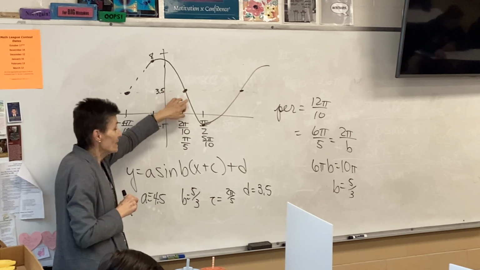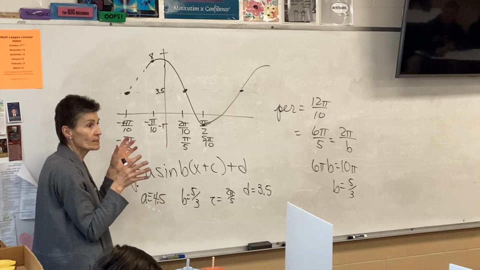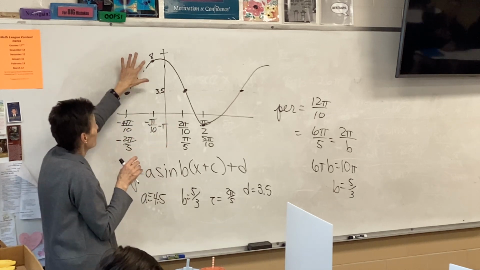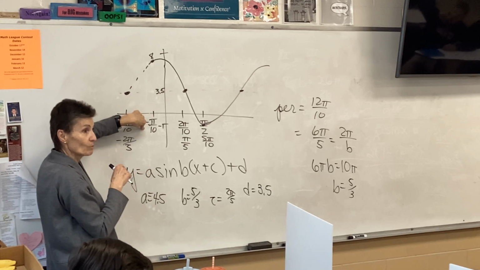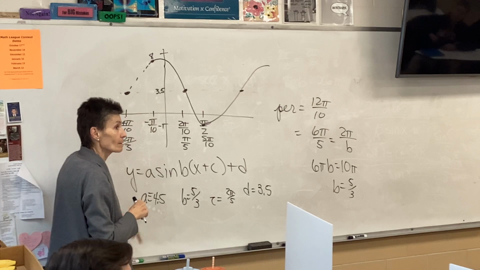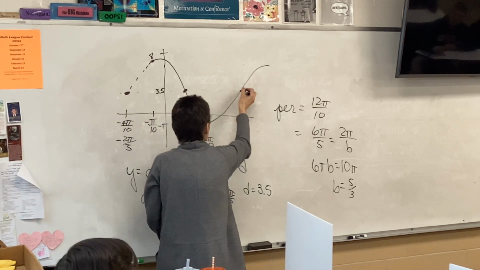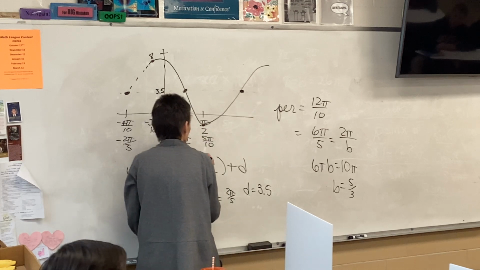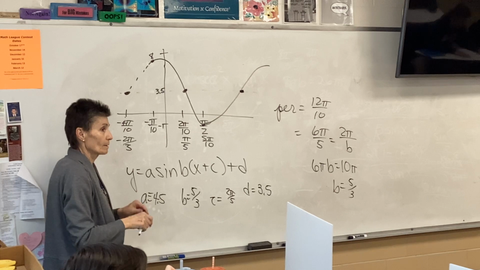Okay, see that? Now, the next problem, same picture, same everything, but it was a cosine. Well, that's easier because isn't your phase shift just going to be -π/10 for a cosine curve? If you did the other point, it would be -4π/5.